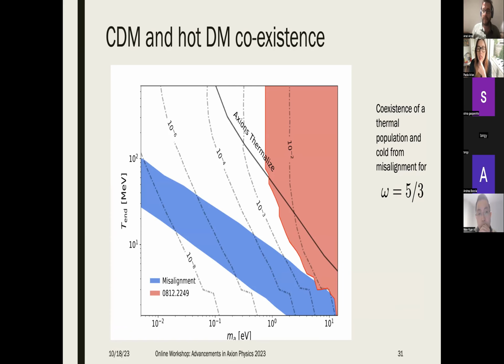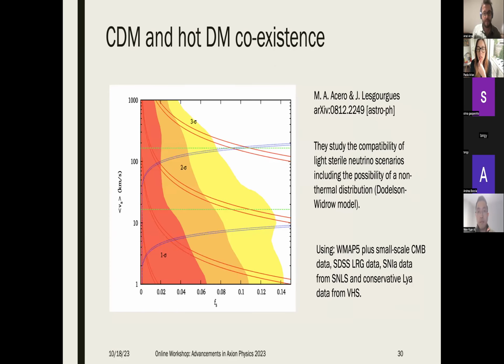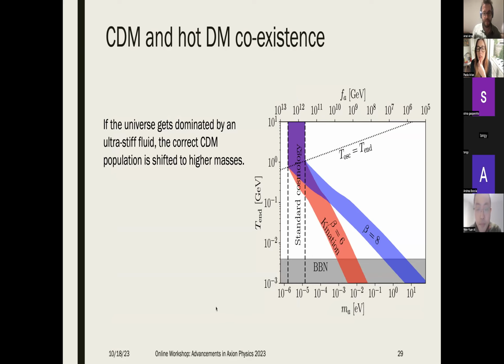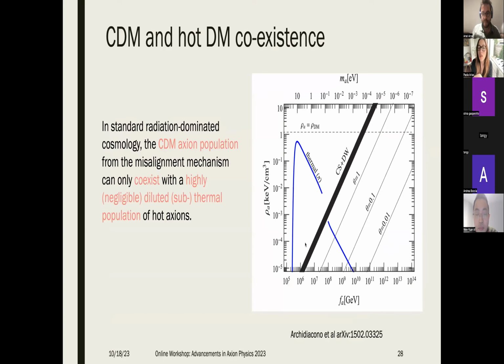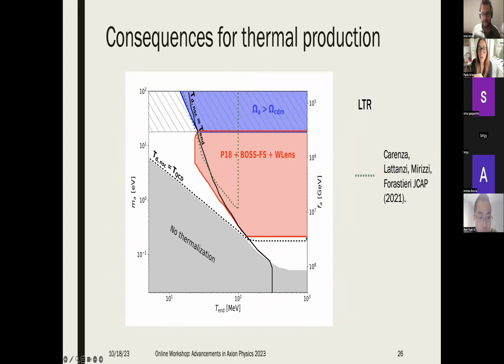Well, for instance, in this low temperature reheating scenario, if you take this T end really, really high, you go to the standard cosmology. So you could say that the standard cosmology axion is ruled out around 0.2 electron volts for masses above that.